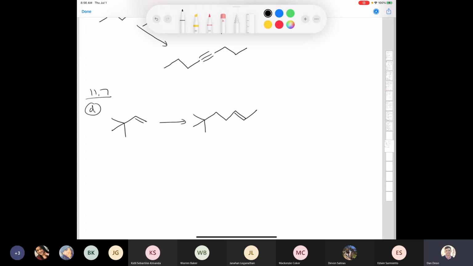So if we count here, 1, 2, 3, 4, because the gem-dimethyl is not going away, and if we count here 1, 2, 3, 4, then you've got 5, 6, 7. So we're adding a total of 3 carbons here. Okay, so how would we do this?